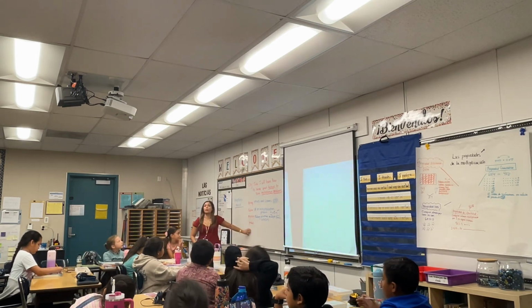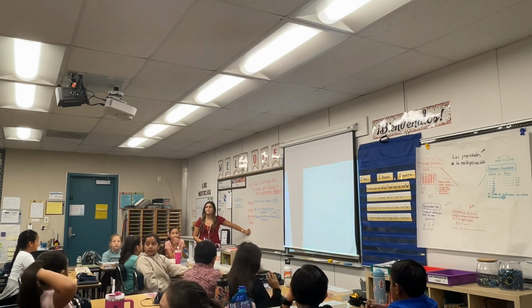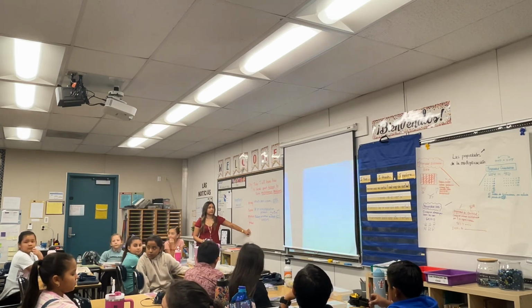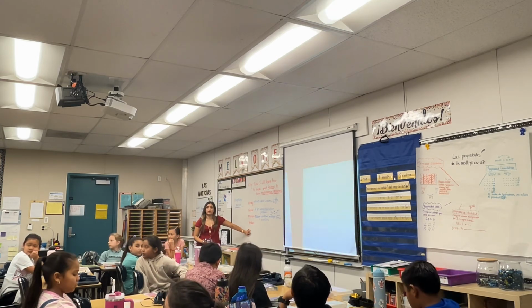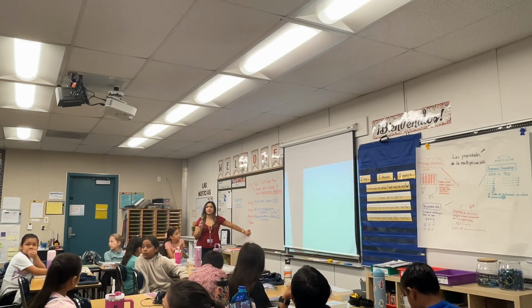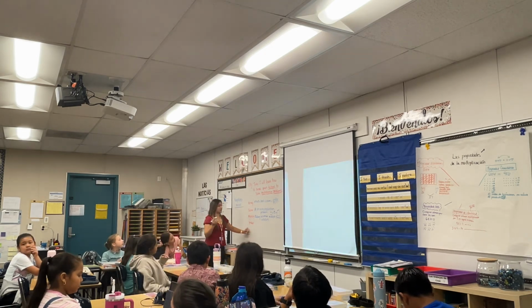Awesome. What about product? We've used these words already. Sada? The product is the number that, like 4 times 5, that will equal 20. And 20 is the what? Product. So the product is the answer. Yep.